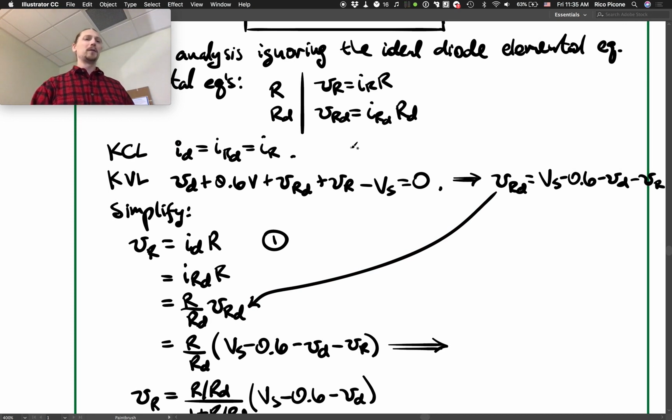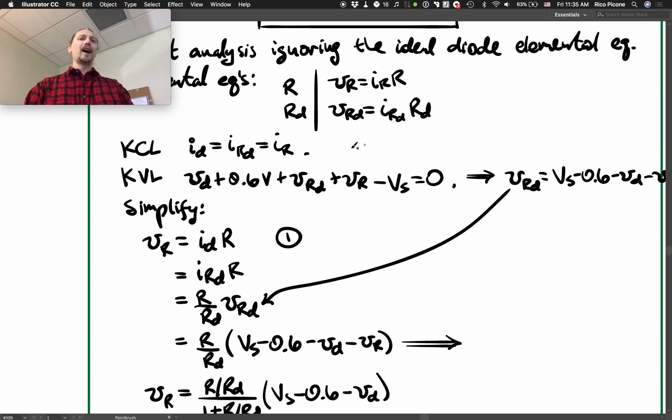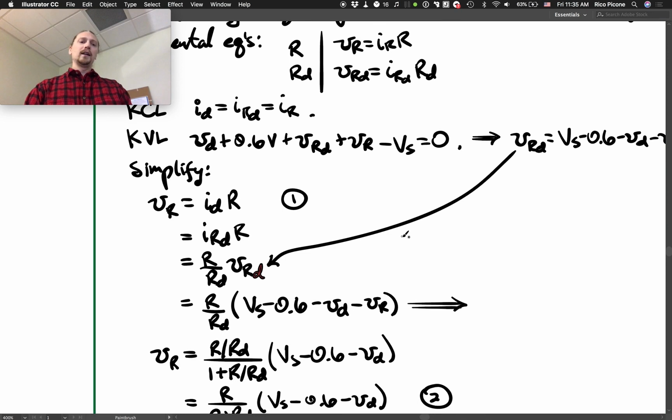I think it's easier to develop the equation before. So we'll develop the testing equations too. So we need to solve for ID and VD, and we want them to be in terms of VR, well, VR would be ideal.